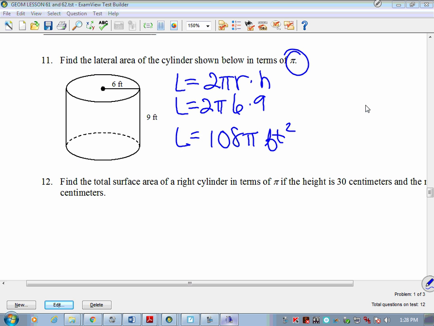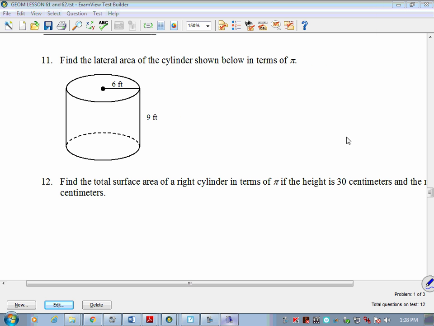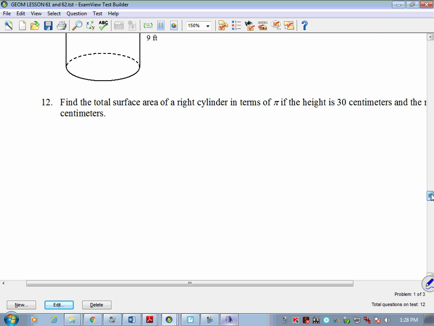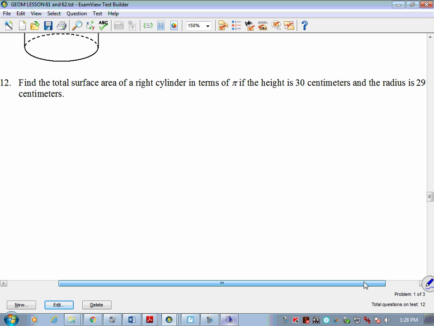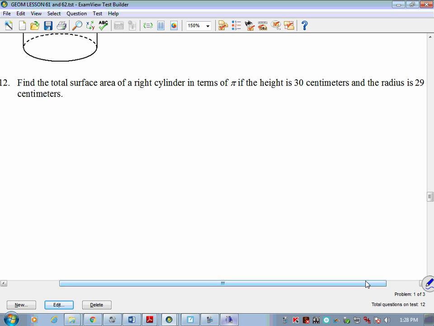And last but not least, number 12. Find the total surface area of a right cylinder in terms of pi if the height is 30 centimeters and the radius is 29. Surface area is 2 pi r times height, and then we need the two bases, so 2 times pi r squared.